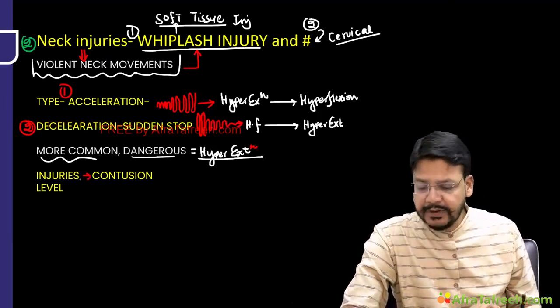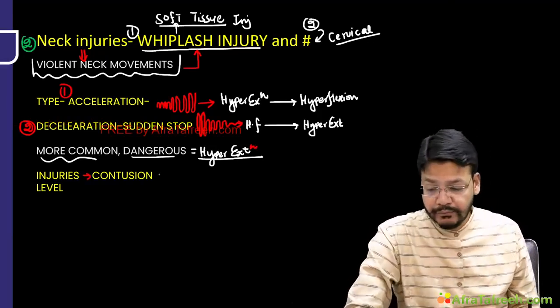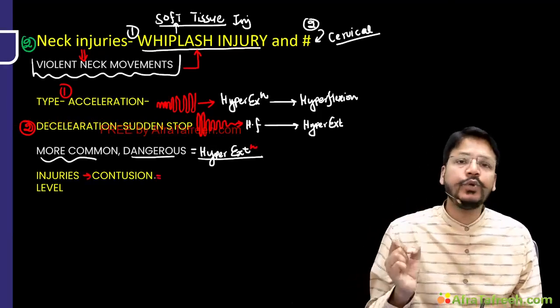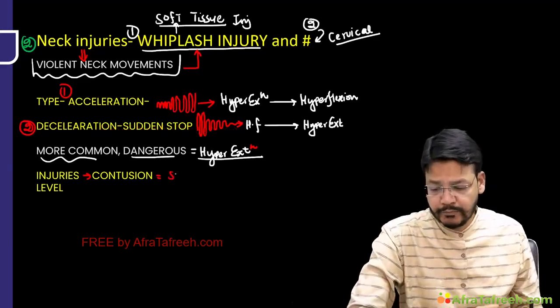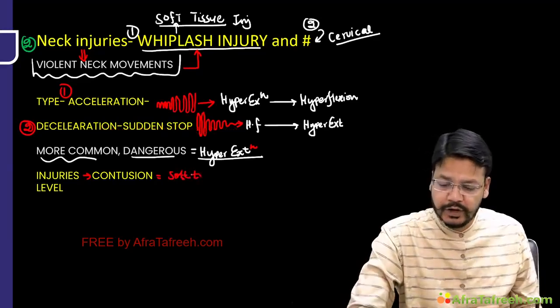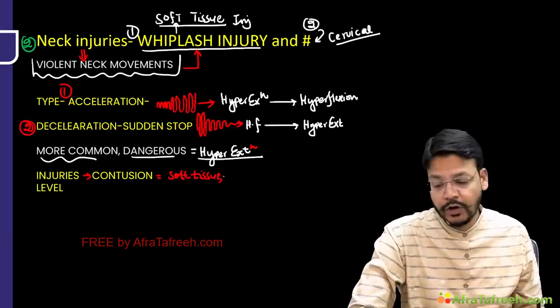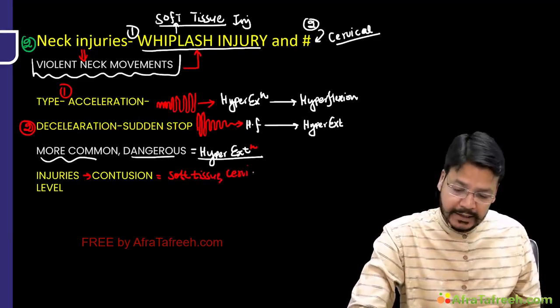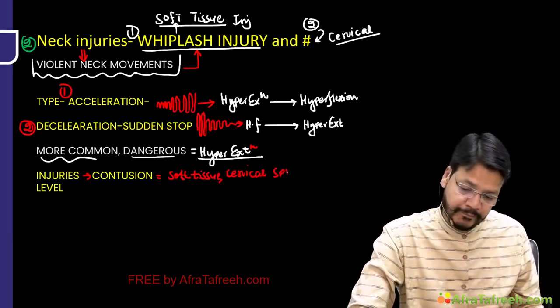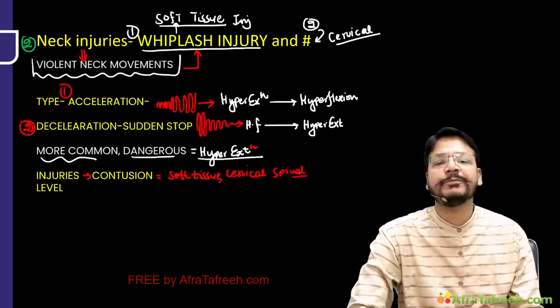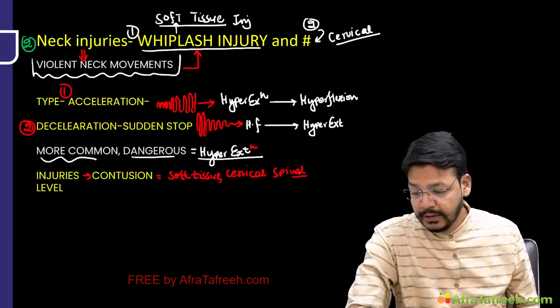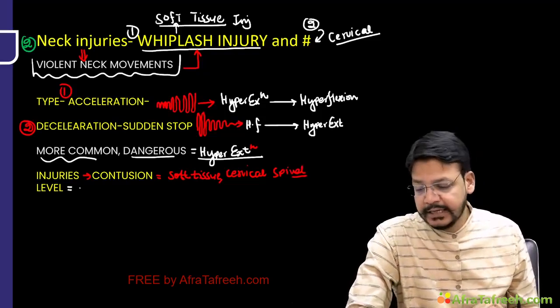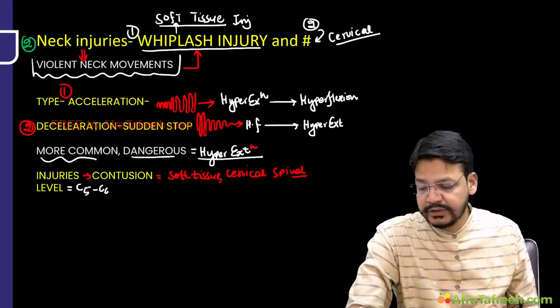My dear friend, in the whiplash injury, there will be contusion of the soft tissue of cervical spinal area. And my dear friend, most common level is C5 to C6.